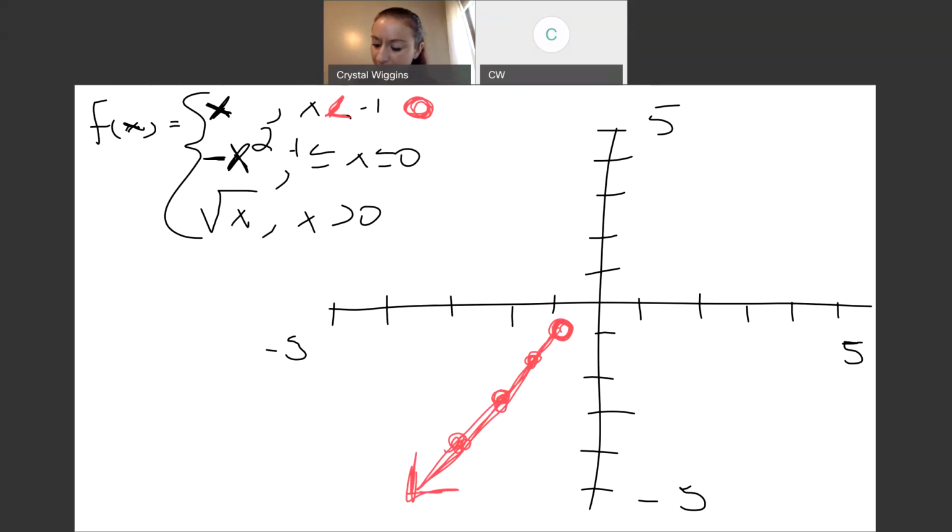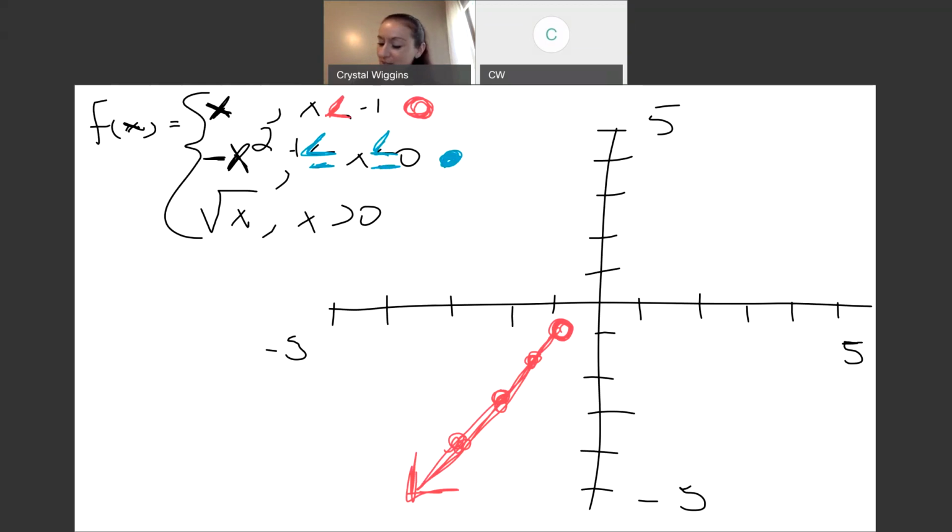Now I'm going to move for my next color. Let's do blue. -x² is an upside down parabola, and it says use the upside down parabola between -1 and 0, but inclusive. Notice that we have less than or equal to and less than or equal to, which means a closed circle at -1 and 0. So if I put -1 into -x², I get -1 squared, which is +1, and then multiplied by -1 is also -1.